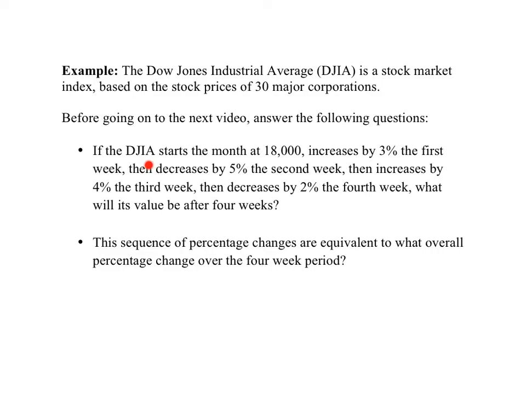If the Dow starts the month at 18,000, increases by 3% the first week, then decreases from there by 5% the second week, then increases from that point by 4% the third week, and finally decreases from wherever it was in week 3, it decreases by 2% the fourth week, what will its value be after these 4 weeks of change? And this sequence of percentage changes are equivalent to what overall percentage over the 4-week period?